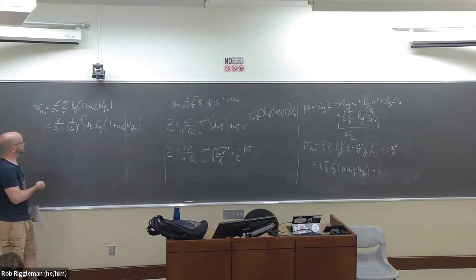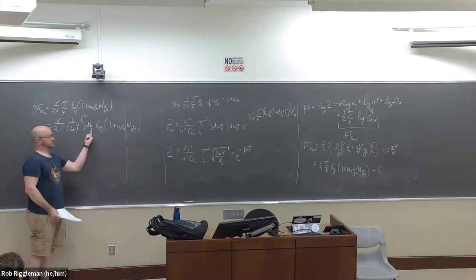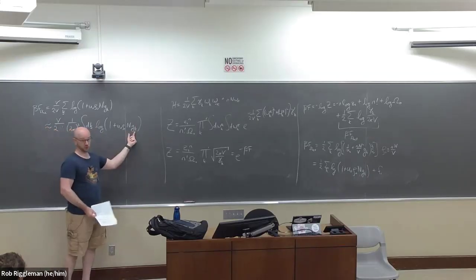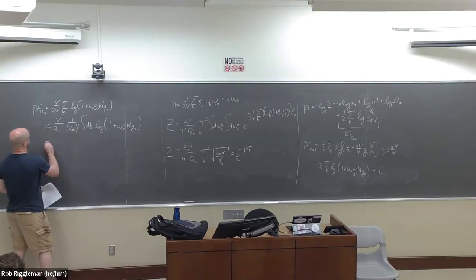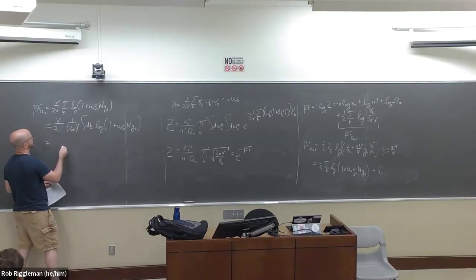And then finally, this is a 3D integral over k. If you remember the form of the g function from last time, if you look back in your notes, this only depends on the magnitude of k squared. It doesn't have an orientation part to it. So we can use that spherical symmetry. And this thing becomes v over 4 pi squared.